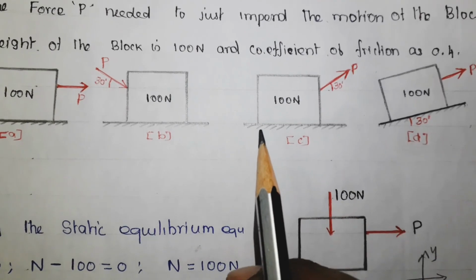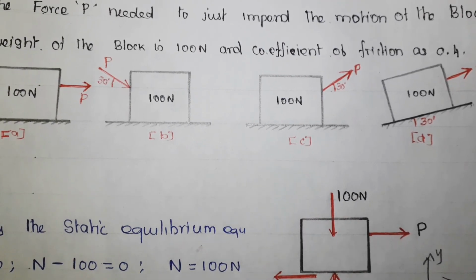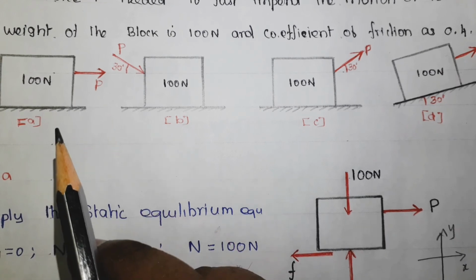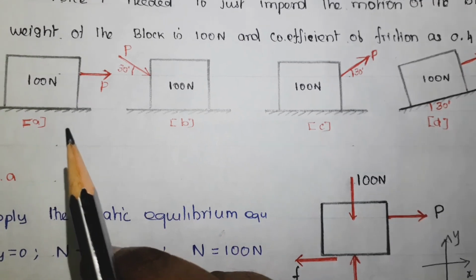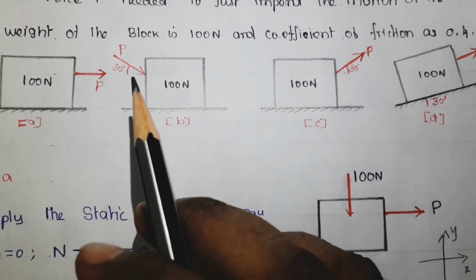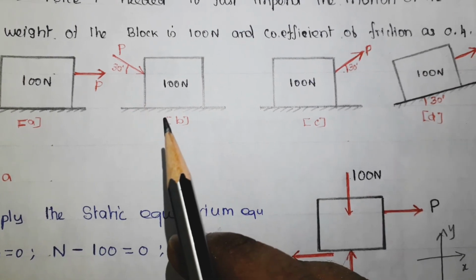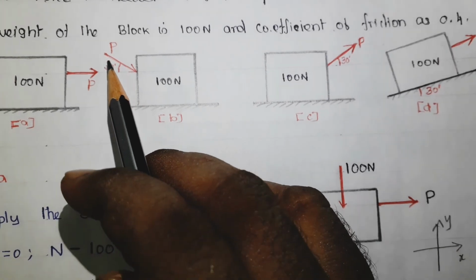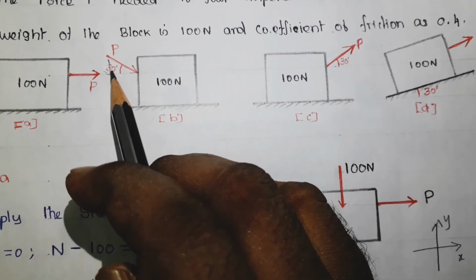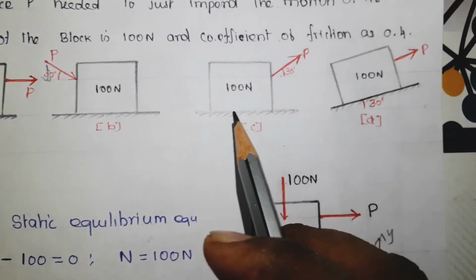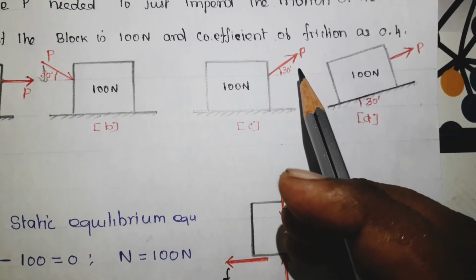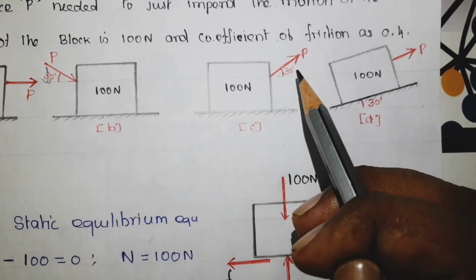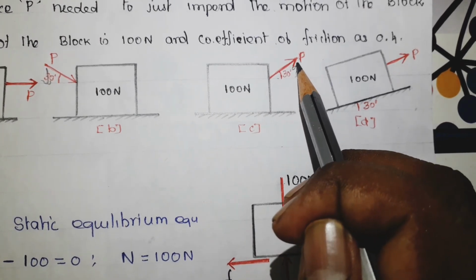The reason is because of the normal reaction. In this case the applied force does not contribute anything to the normal reaction, but in this case the force P is increasing the value of the normal reaction by this component. But in this case the applied force P will decrease the normal reaction with the help of this component of that force.